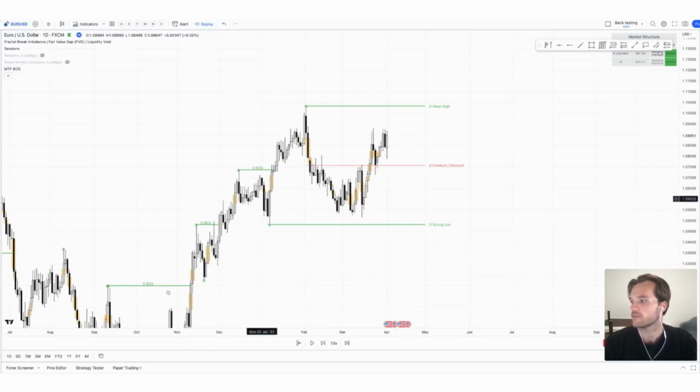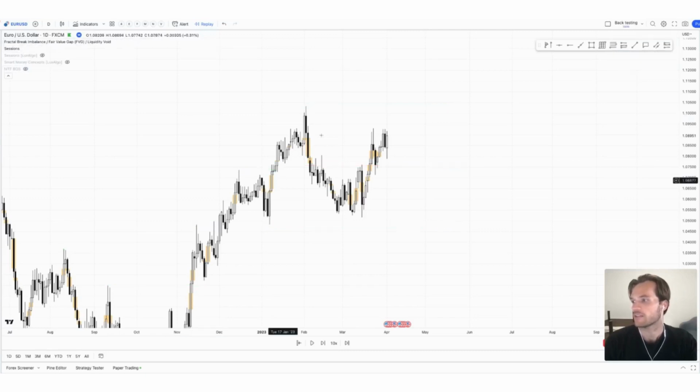Just using the breaker structures, it really helps you with the market structure if you're having trouble. I really like the settings on it, but because not everyone can access it for some reason, I'm going to just do it manually myself, so I can give you an idea how I set up my market structure. The only things I have on right now are sessions and these imbalances, just so they're highlighted to me, but that's about it. So I'll get into it.